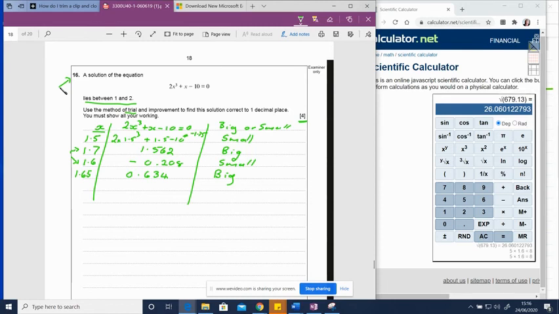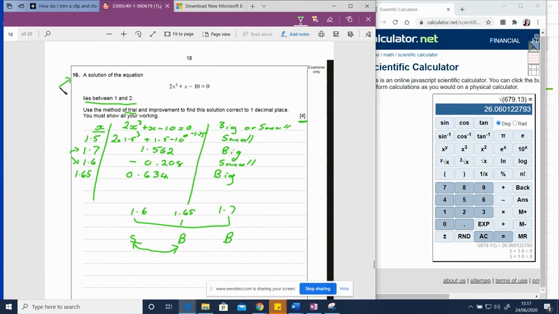So if I look at my number line, 1.6 is too small, 1.7 is too big. When I've tried 1.65, I found it's too big. So any number less than 1.65 will round to 1.6 because the answer is going to be somewhere between 1.6 and 1.65. Whatever that number is, it will always round to 1.6.